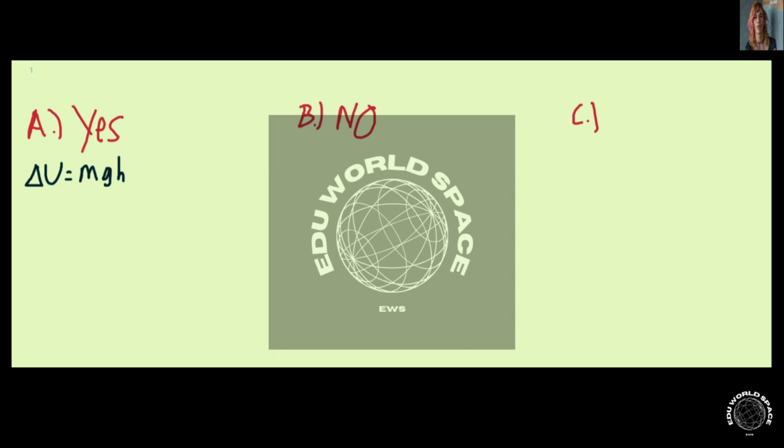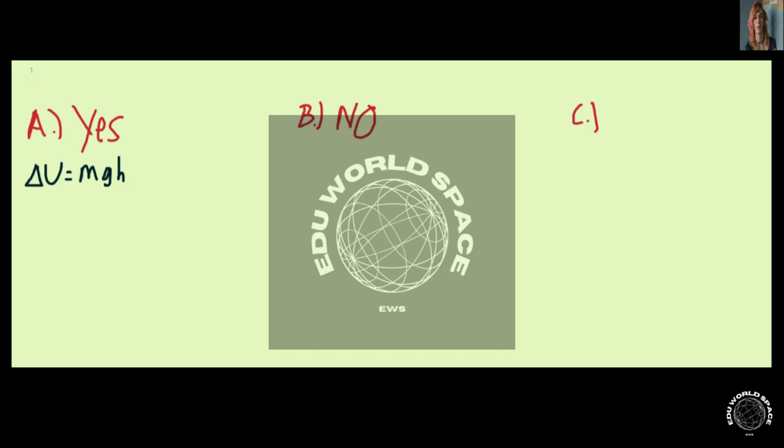Now for C, the work accomplished in burning a gallon of gasoline. The answer is no, because it's going to depend on a lot of factors, like, for example, how thoroughly the gasoline was burnt.